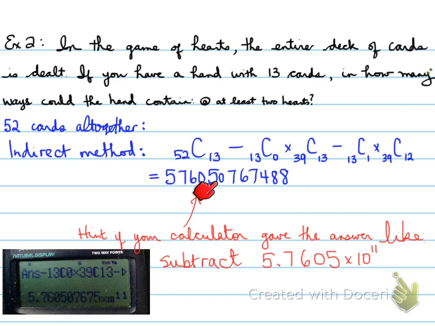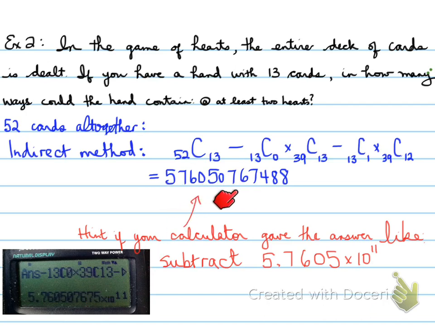So the answer in the calculator will be 767,488. Why is that important? Well, you see the numbers here. 5 matches with 7, 6, 0, 5, 0, 7, 6, and 7. Are those numbers here? It's all of these numbers here.